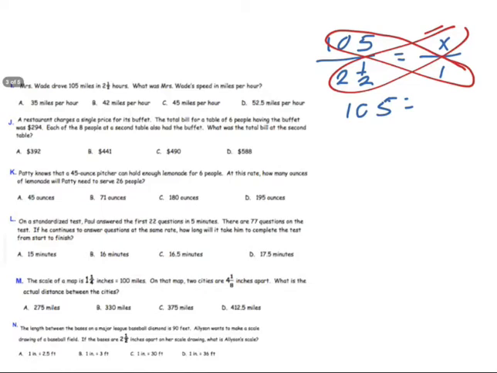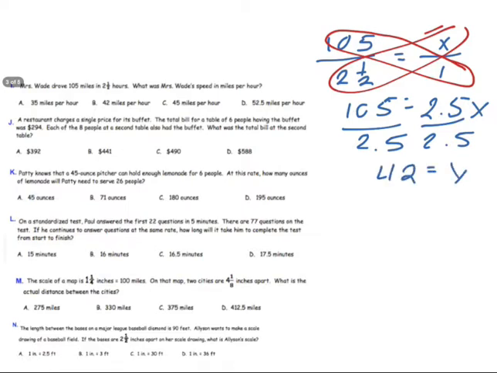X times 2.5 is 2.5 x's. So we'll need to divide by 2.5 on both sides in order to get an answer, which in this case is going to be 42 equals x. So letter B, 42 miles per hour.